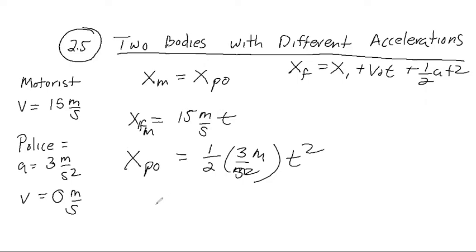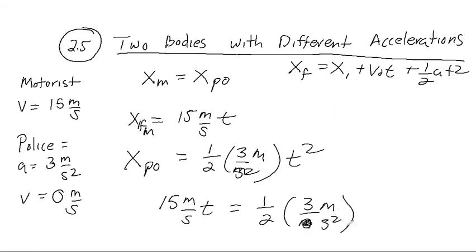So 15 meters per second times T equals 1/2 times 3 meters per second squared times T squared. It's a simple matter to solve for T. I can just take a T out here and a T out there.